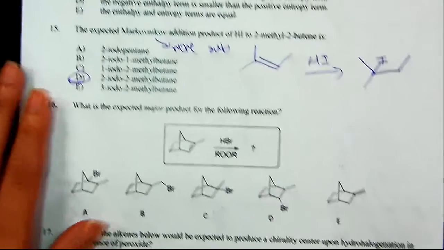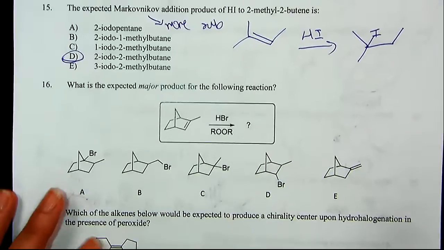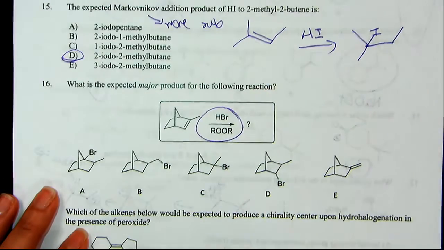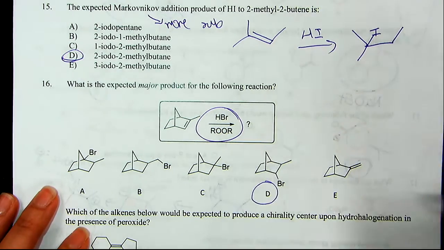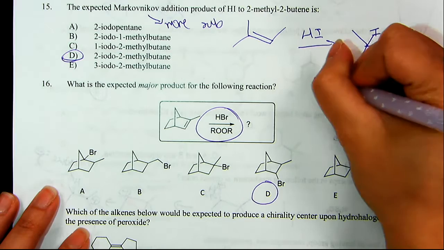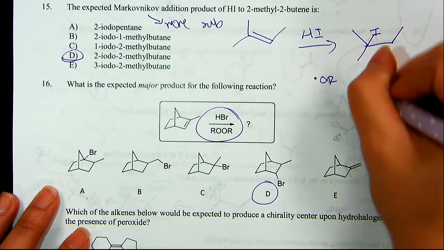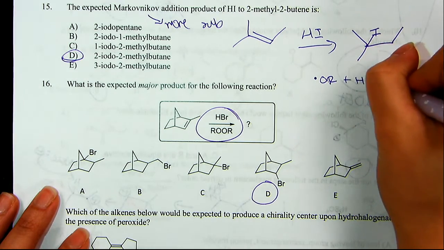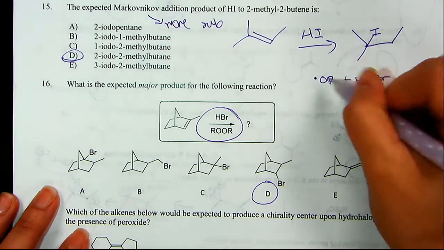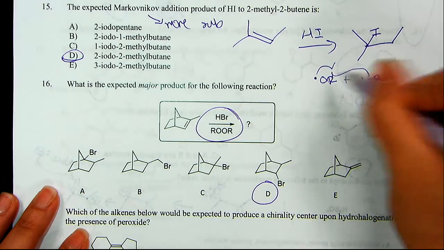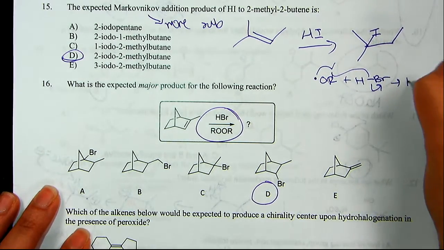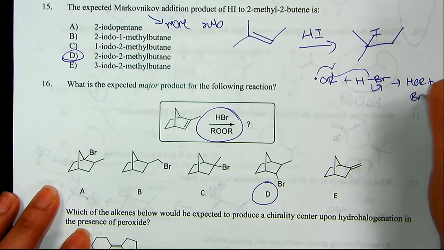Okay. Number 16, what's the major product? So we have a peroxide and a halide with a less substituted side, so we're on B. The reason for that, peroxide will do initiation, so then we get two peroxide radicals. That peroxide radical will react with HBr. So it's going to form HOR plus a bromine radical. Okay?